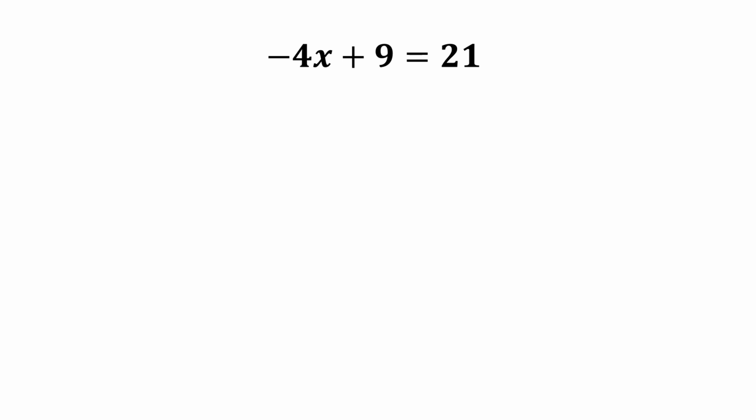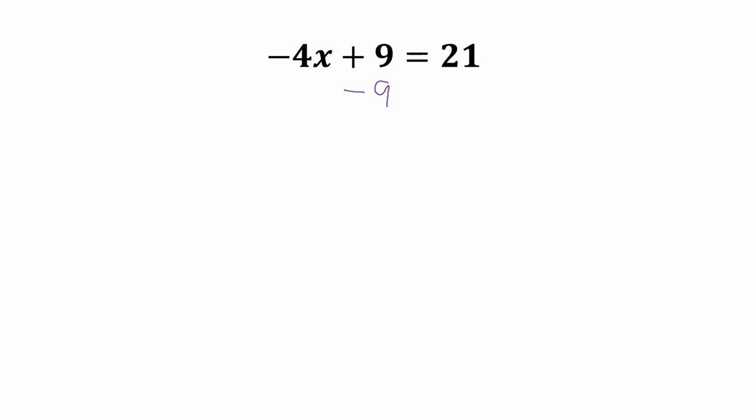Negative 4x plus 9 equals 21. The first step in solving this equation is to eliminate any adding or subtracting taking place next to our variable. If I cover up the negative 4x for a moment, you can see we have to get rid of the adding 9. The opposite of adding 9 is subtracting 9.